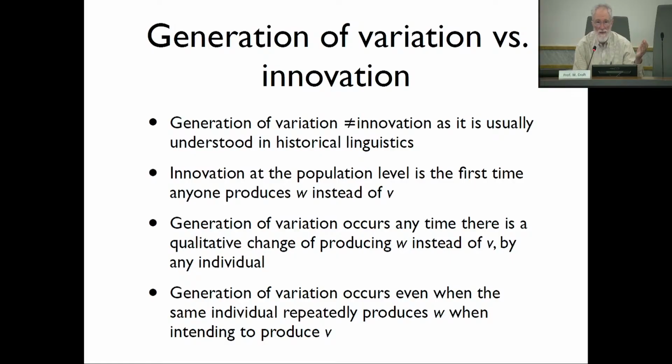But if somebody else in the speech community, who maybe I don't even know, produces gonna when they're trying to produce going to, they reduce it, that would be another generation of variation step. It's just by a different individual. And in fact, if I am repeatedly choosing to express going to, but then changing it to gonna, each one of those is an act of generation of variation.